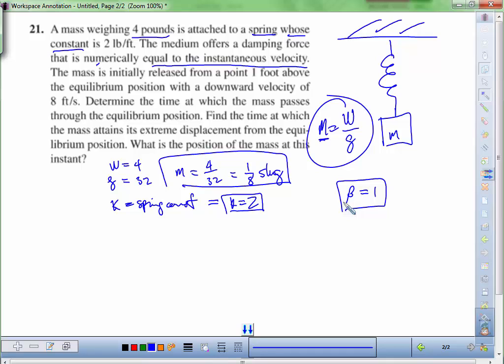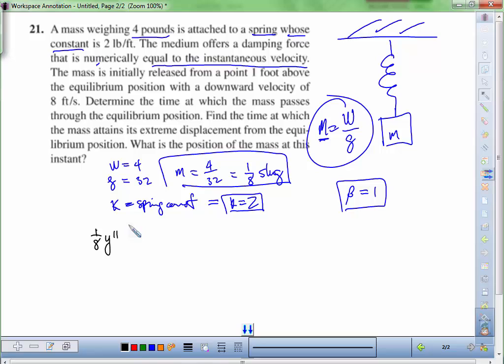Sometimes they say it's 2 times the instantaneous velocity or half the instantaneous velocity, in which case you would put the appropriate beta for that. So our differential equation would look like this. It would be an eighth times the second derivative.